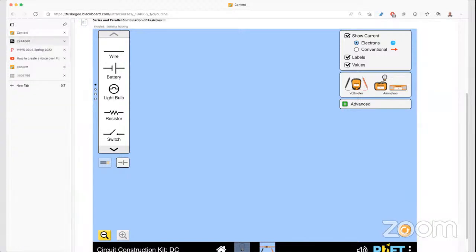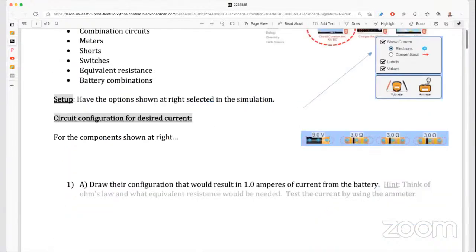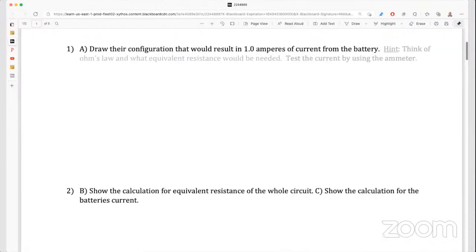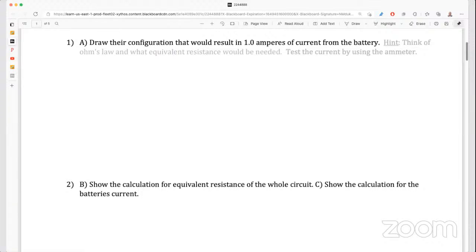So back to the instructions. Now that we've accessed the simulation window, we've set up the controls. Of course, you have your voltmeter and ammeter. The first two activities are basically like an exercise.